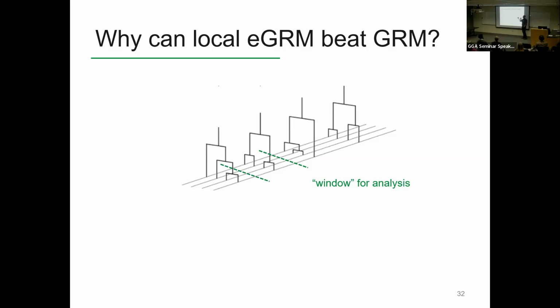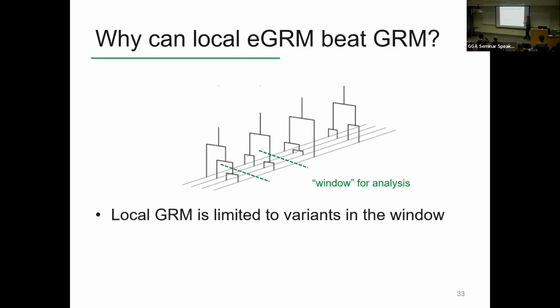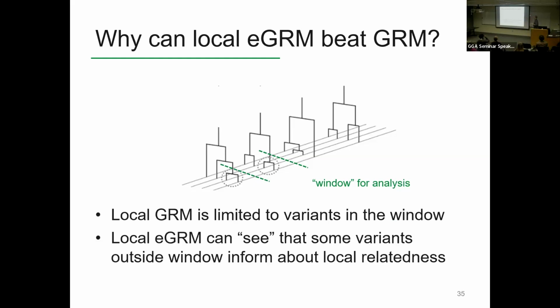But really, there's more information in the genome about local relatedness in this window than appears just in the genotypes that show up there, because other neighboring regions share parts of their topology with the window I'm testing. So for example, this little tip off the end, this subtree is shared between this region and the neighboring region.